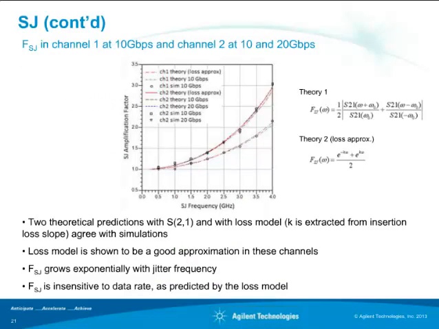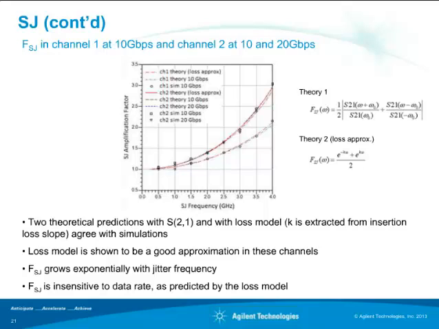Here we plot the SJ in channel 1 at 10 gig data rate, and in channel 2 at 10 and 20 gig data rates. We also compare the simulation result with 2 theoretical predictions. In the first theoretical result, we use the formula based on the S parameter, S21.